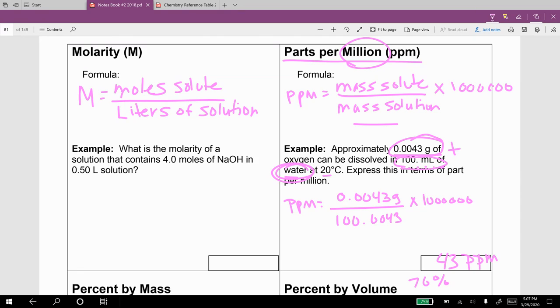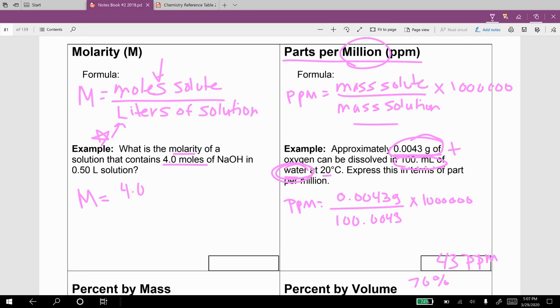Notice it doesn't say anything else. It's not moles of solution. It is liters. It has to be liters, right? So if you have to convert between milliliters and liters, you may have to. So now what is the molarity? That's what I'm looking for. Of a solution, I have 4 moles, right? That's my moles of solute.